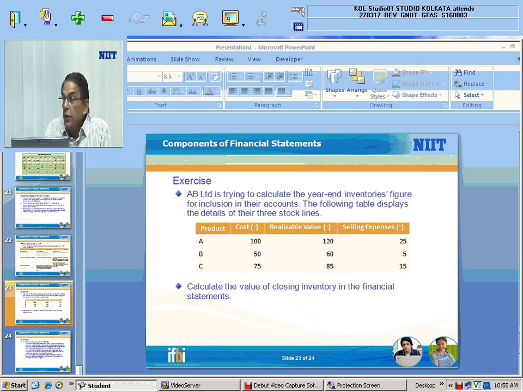Cost is given, realizable value has been given, selling expenses have been given for each item. I have to value the closing inventory at the lower of the cost or net realizable value. So what will be the value of the closing inventory? Can anybody come up with that number quickly?